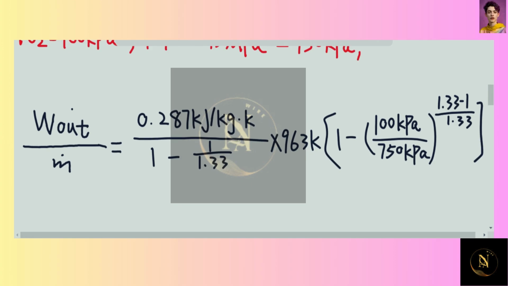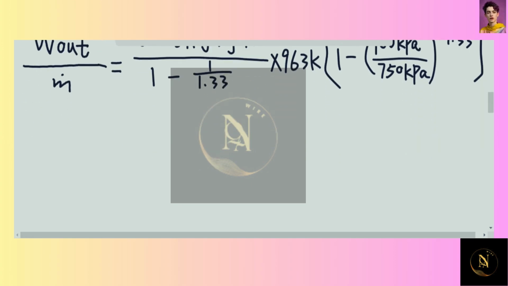And this will give us the power output per unit mass flow rate of about 438.2 kilowatts. And this is the answer for this question.